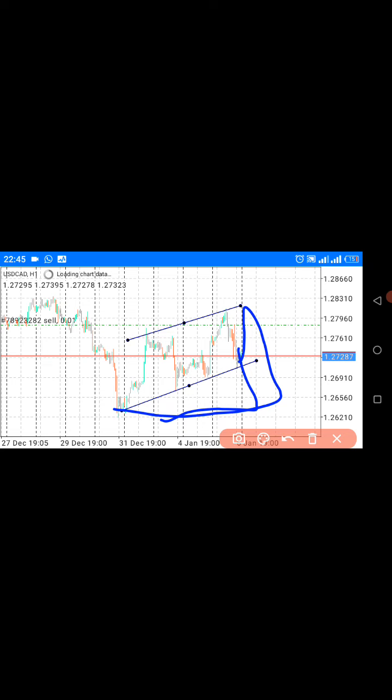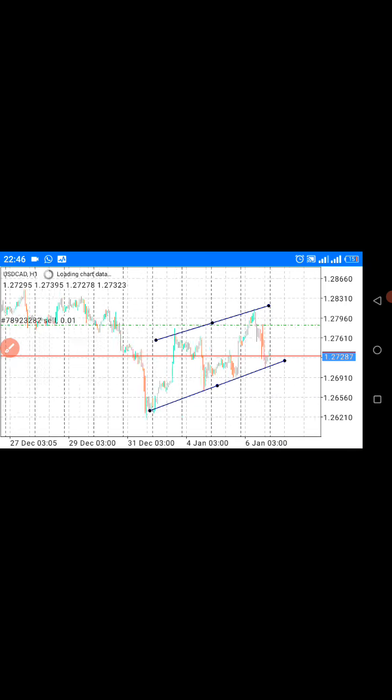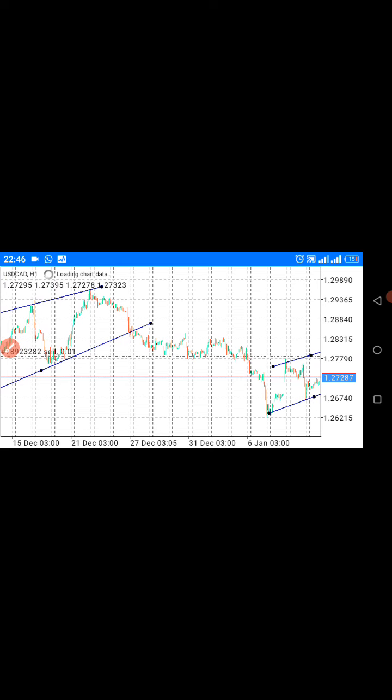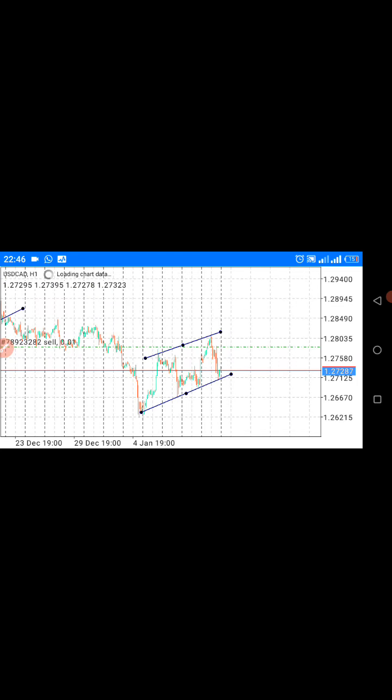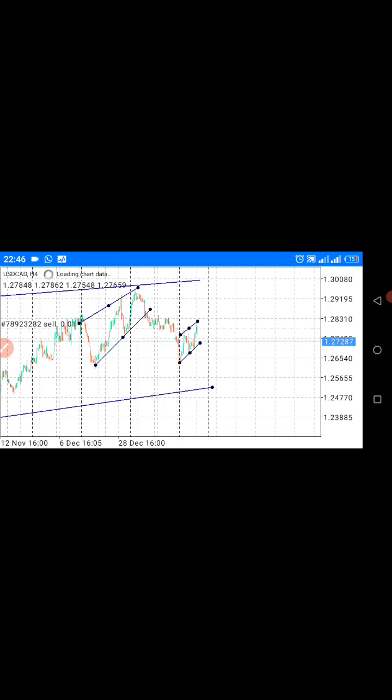So guys, ascending shining is one of the important patterns that I encourage you guys to start looking for, because it's really one of the patterns that I love most.